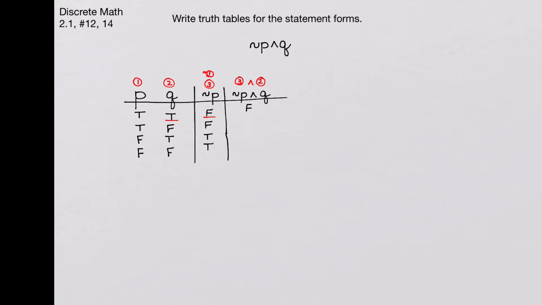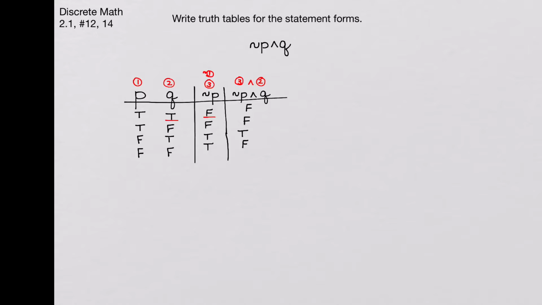If there's any false in an and statement, the whole thing is false. So next we have false and false, well, that is false. Next we have true and true, and that's going to be true because I don't have any false in there. So that's the only way to get true, is if there's no false at all. And then finally we have true and false, and that is false because it has some false in it.